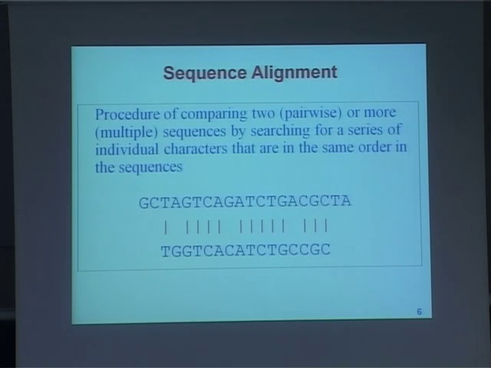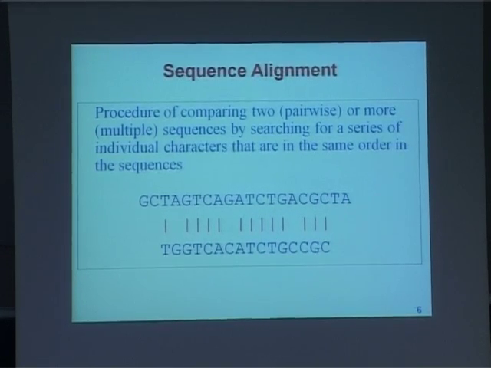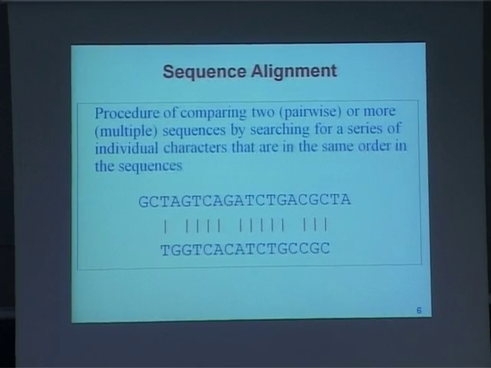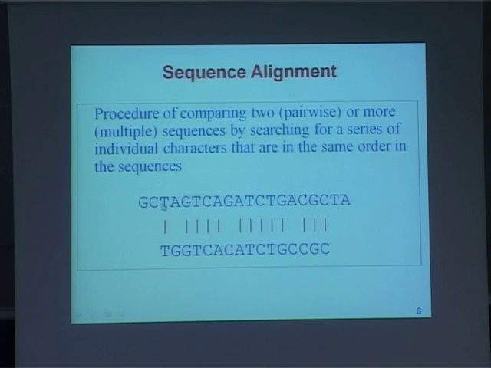I say one-to-one, and it has to follow certain rules. It has to be one-to-one because a letter here, a base pair or an amino acid, has to be matched either with another amino acid in the other sequence or with a gap. Here, this G is matched with a gap in the other sequence. We put a gap against it.